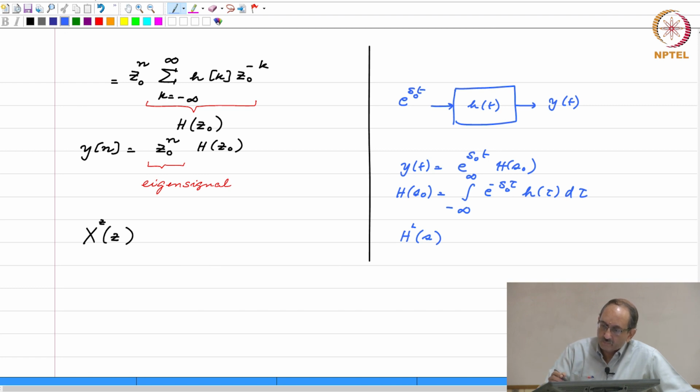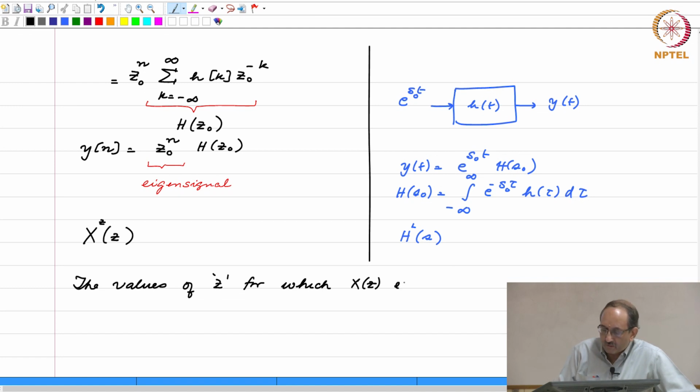And the moment you have an infinite summation, you need to worry about the existence of this, all right. So, the values of z for which the Z transform x of z exists is called the what you are already familiar with.